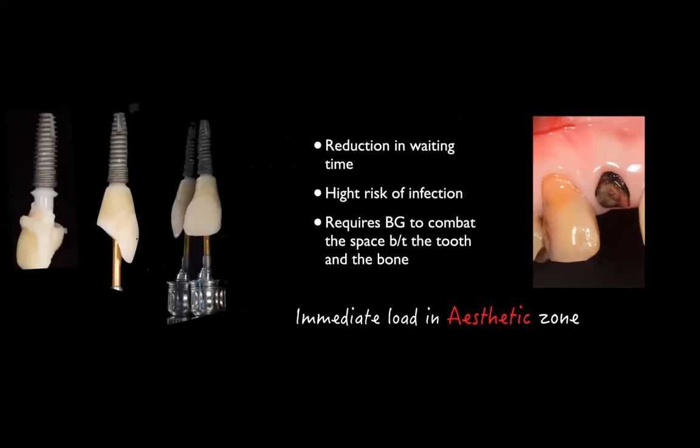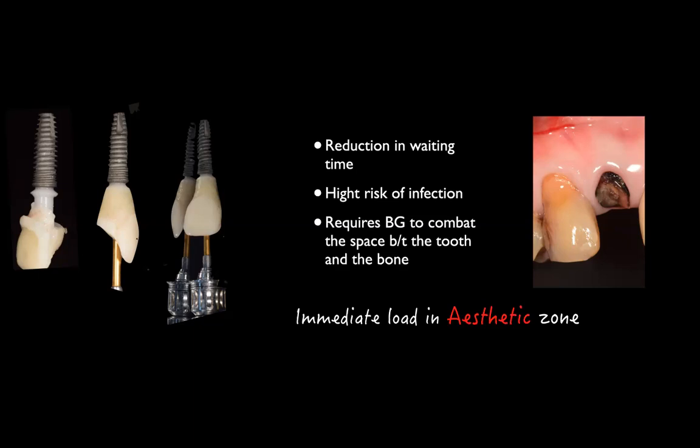So one of the immediate loading issues that you're going to deal with is a reduction in waiting time. The patient doesn't have to wait as long, okay? The other issue is high risk of infection. One of the big problems of immediate loading is that now you're doing multiple procedures at the same time. So obviously your risk assessment or risk criteria goes much, much greater when you are doing it that way, okay?